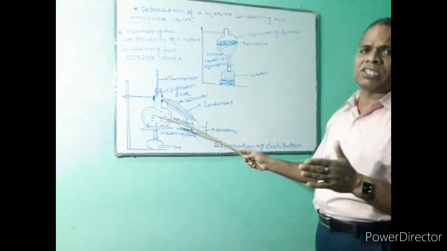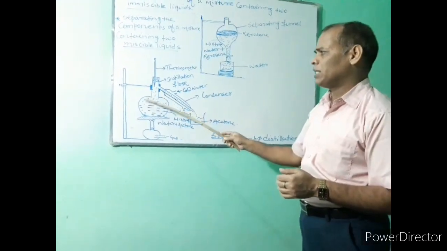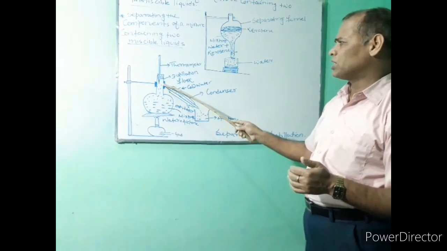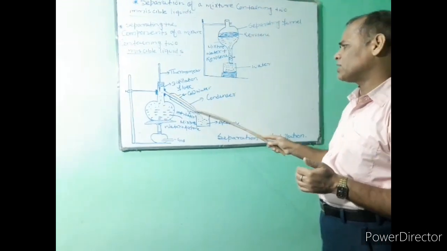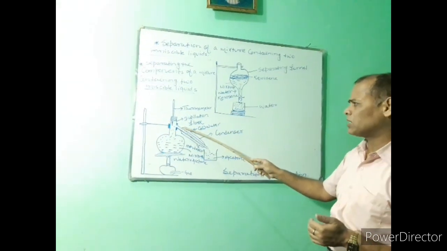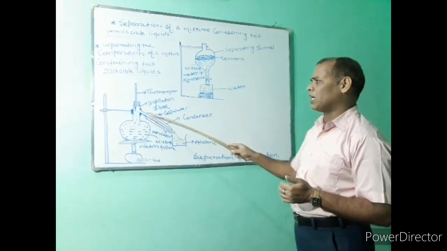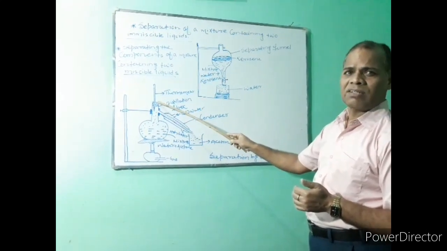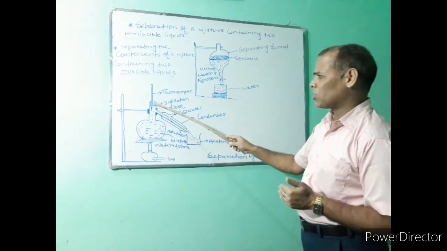In this simple distillation process, there is a round bottom flask which is connected with the condenser. One thermometer is inserted. Here there is a cork.